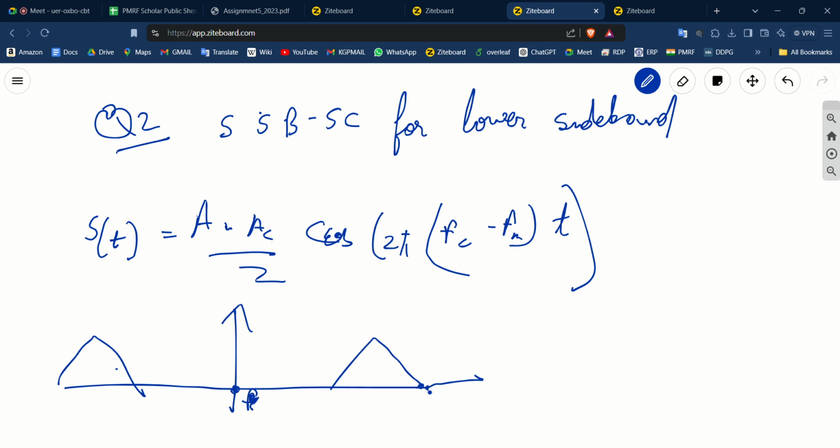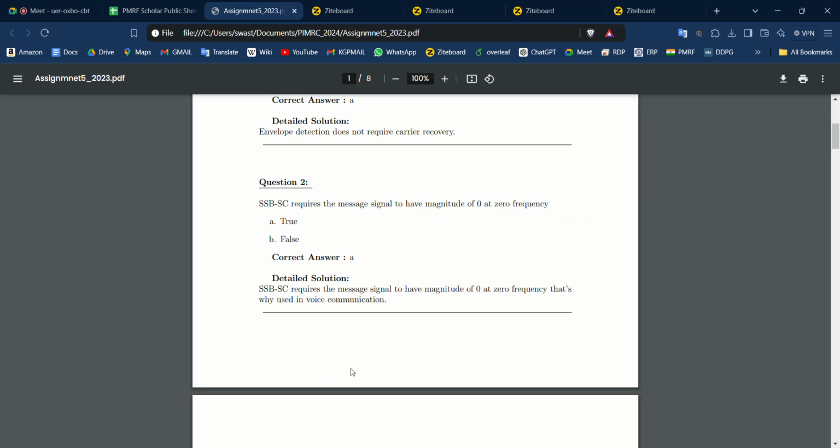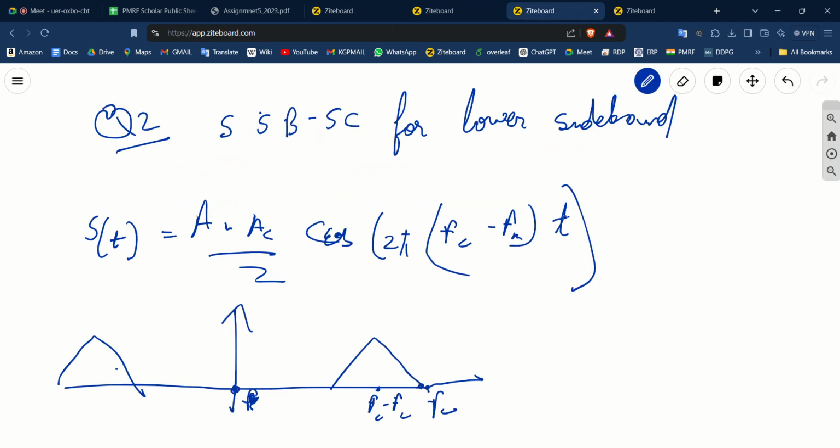This is FC, and this is FC minus FL, where FL is like the half bandwidth of the band. We do not need any signal here. If we had any response here, we would not have a suppressed carrier. So we cannot have anything here; this should be 0. We only have everything purely in the sideband for SSBSC. So the correct answer is that it requires a magnitude of 0 at 0 frequency. So DC should be 0. So this is again true.